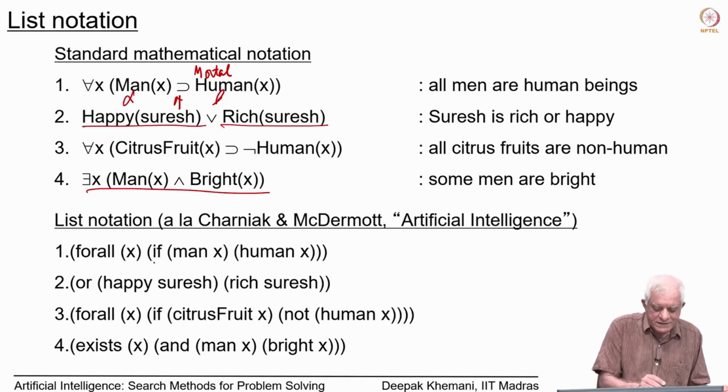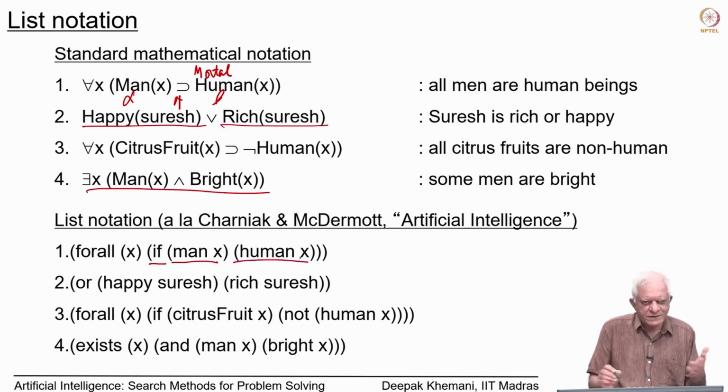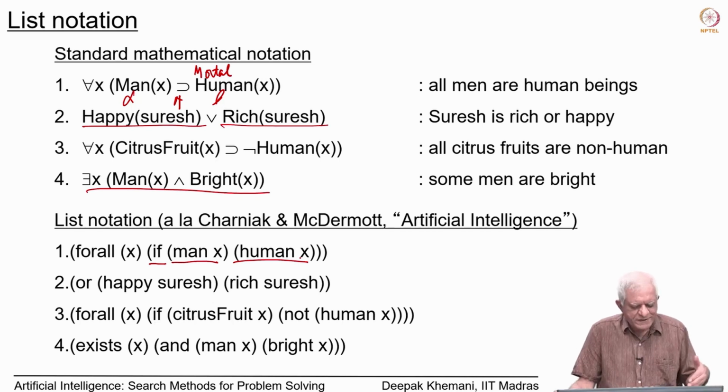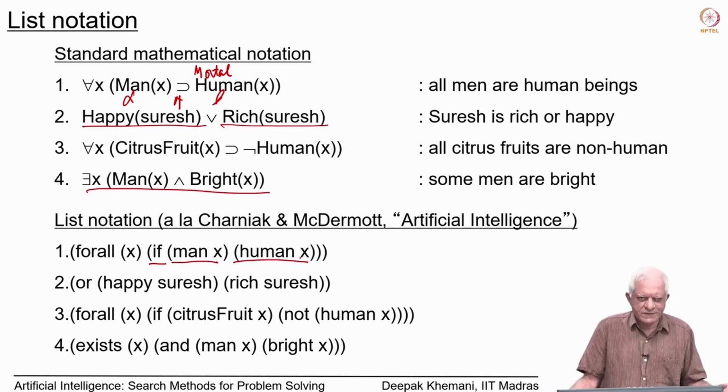In the list notation, the if comes first, the antecedent comes here, and the consequent comes here. Notation is different, the meaning is the same. But you can see that the second set of sentences would be much easier to process if you were writing a simple program to do that. So, all the four sentences on the top are repeated here in the list notation.